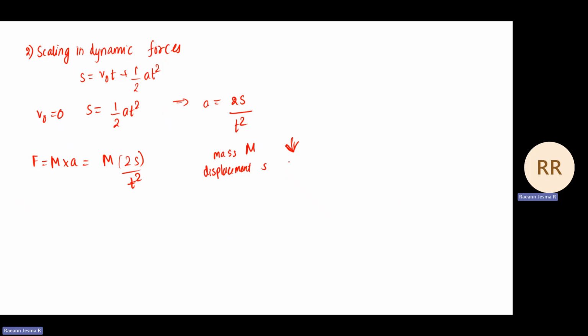However, if we assume that the displacement is also decreasing as the mass decreases, then we can see here that as the size of the object decreases, the dynamic forces also decrease. So this is the effect of scaling in dynamic forces.